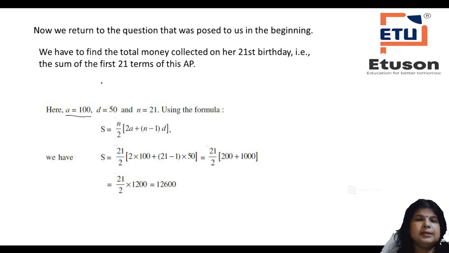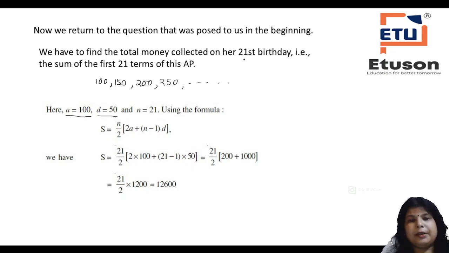Because the series was 100, 150, 200, 250, so on and so forth. So the common difference is 50. Now n is equal to 21, because you have to find out the total money collected on her 21st birthday.